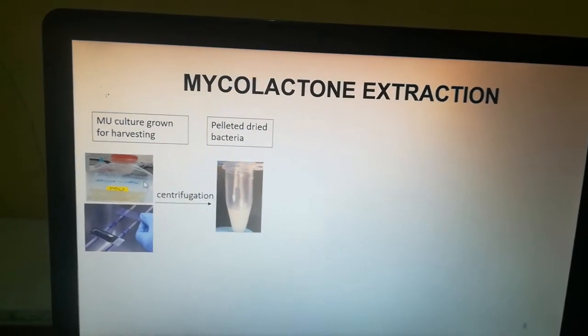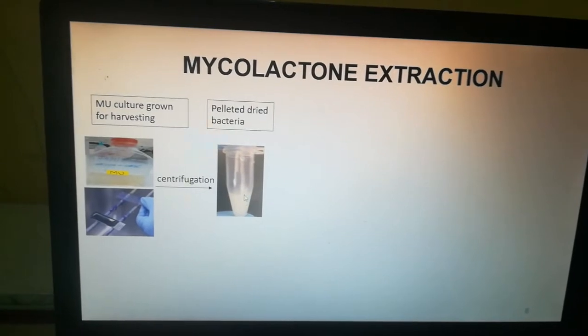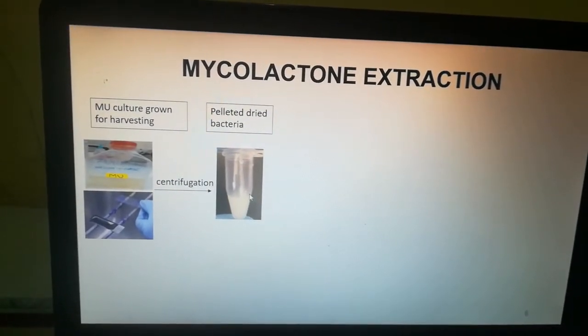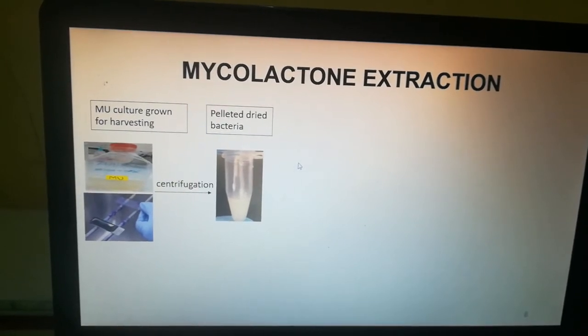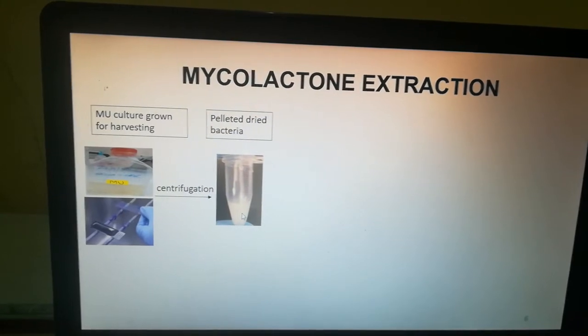So you just aliquot a volume of it into an Eppendorf tube and spin it down to pellet the bacteria. You remove the supernatant and then dry the pellets.